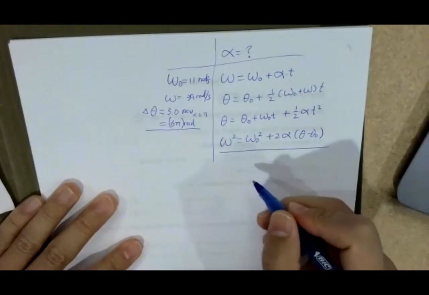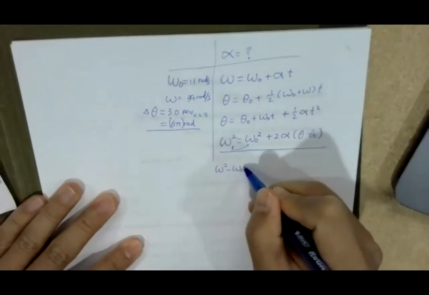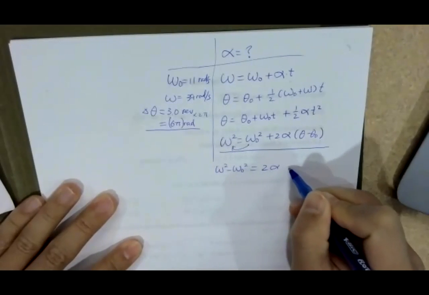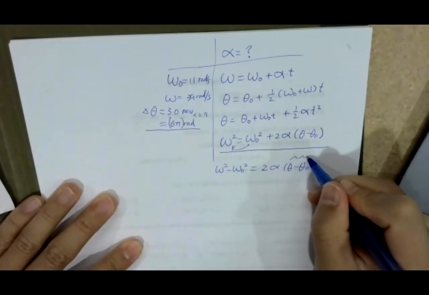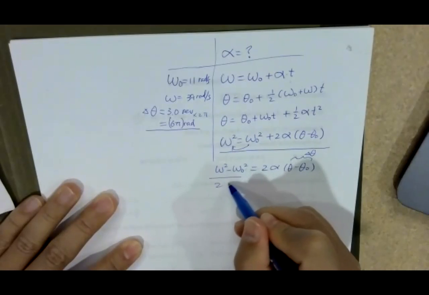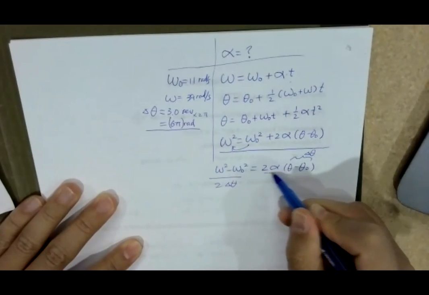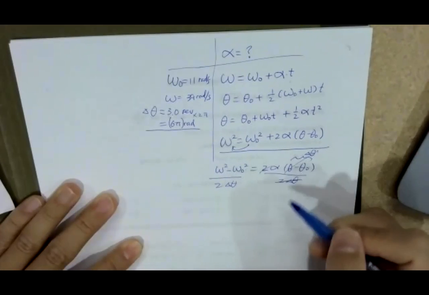We are looking for alpha, so then we'll move this guy to the other side of the equation. So omega squared minus omega 0 squared equals 2 alpha (theta minus theta 0), which is the delta theta. Okay, so this is the delta theta. So then you can divide both sides by twice delta theta, and that will give you alpha.